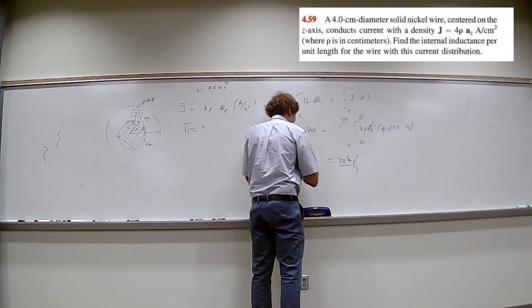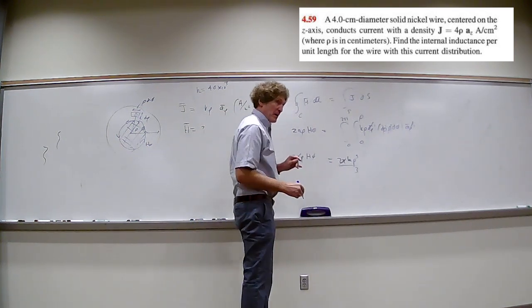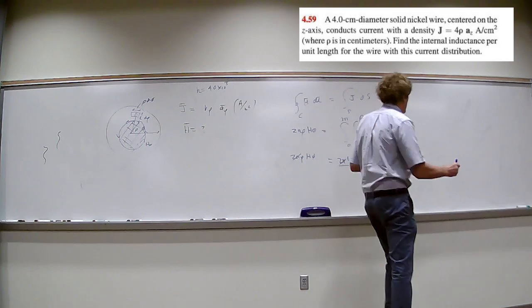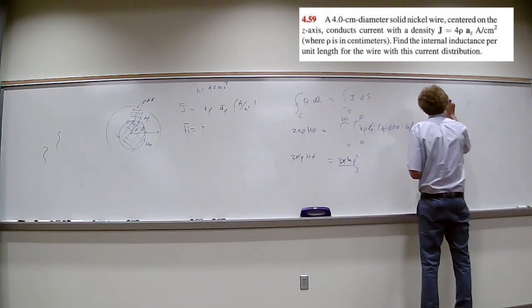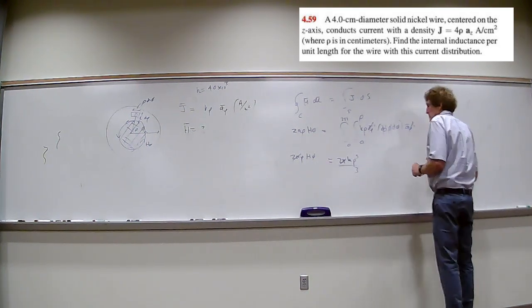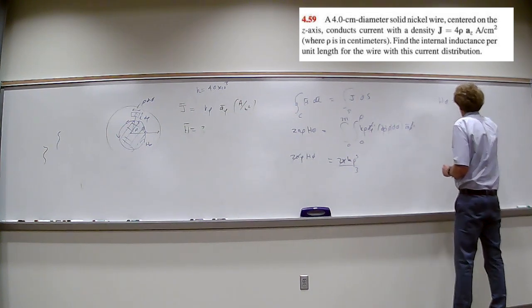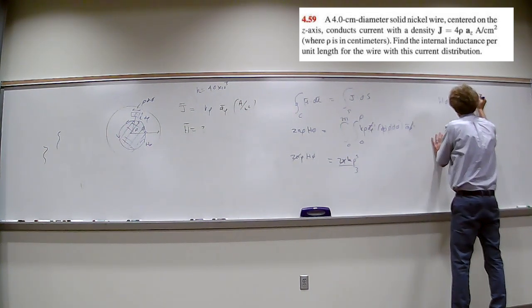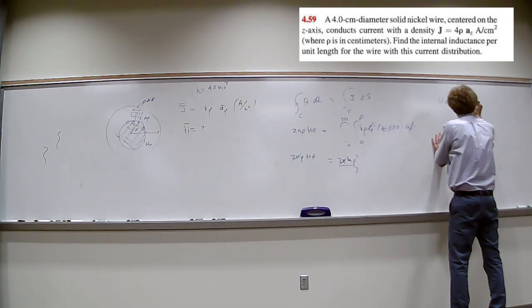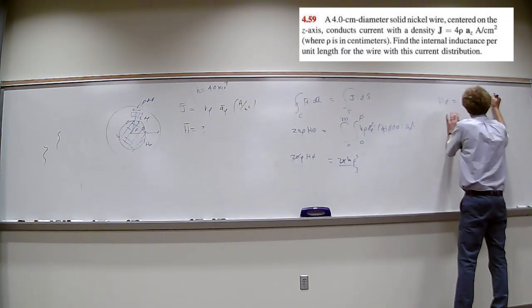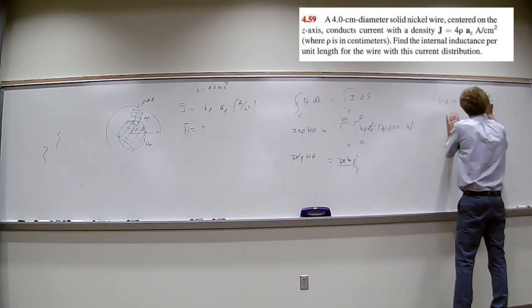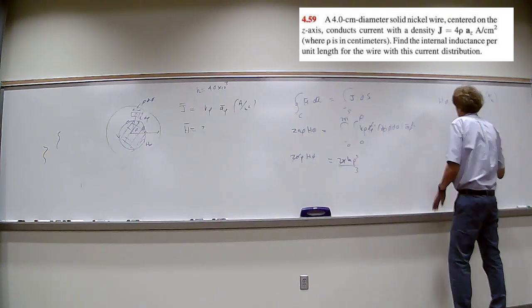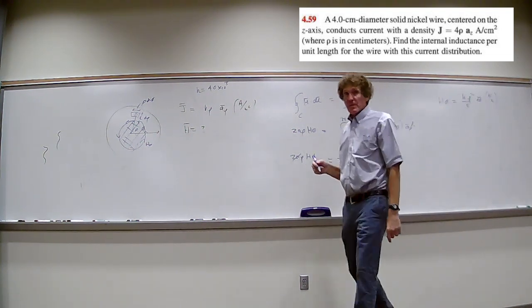One of the things you can see is the 2 pi cancels, and therefore you get an H field in the phi direction equal to K rho squared over 3. That would be in amps per meter, in the a-phi direction. Everybody with me?